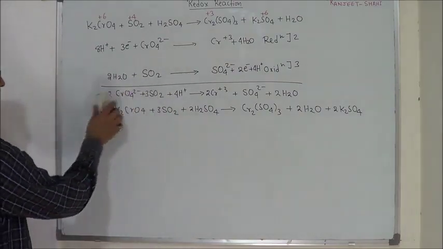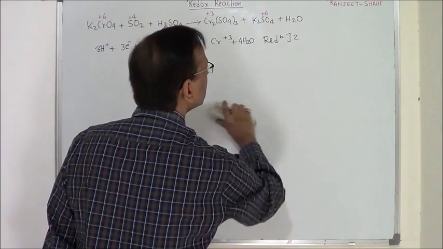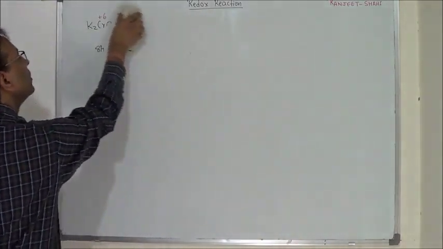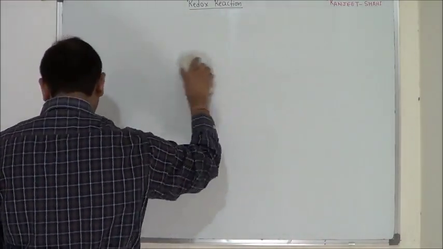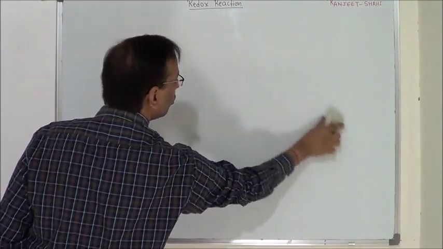One more example. Let us take balancing of glucose by potassium permanganate.